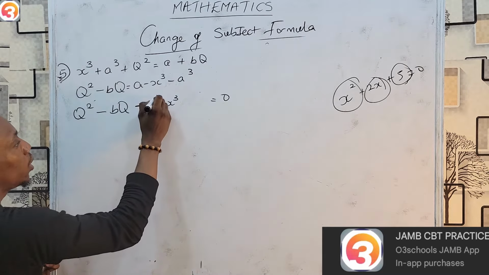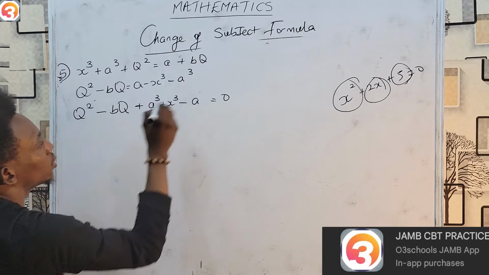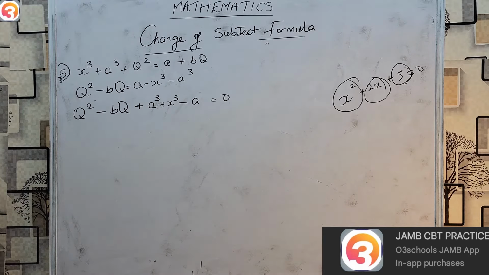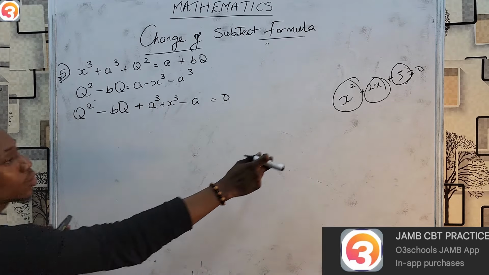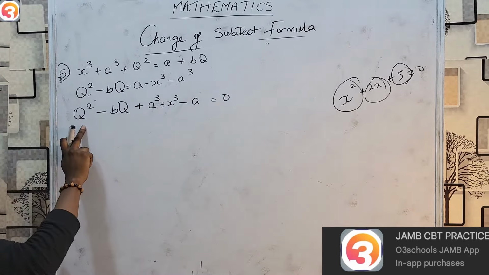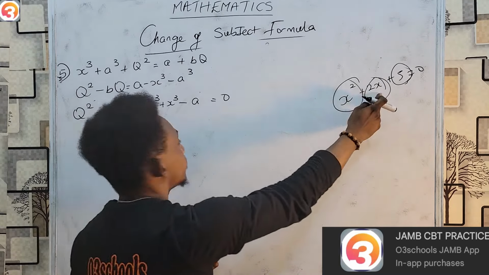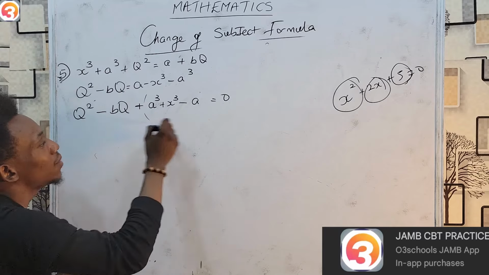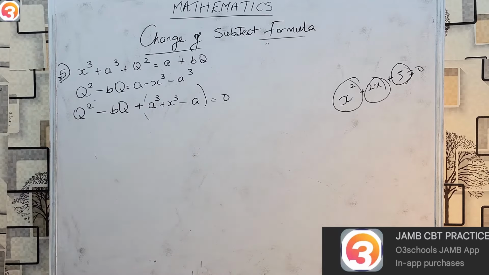So that will be plus a cube minus a. Now you see, this looks like a quadratic equation. This x squared is the q squared. This 2x is my bq, while that constant 5 is simply everything here.